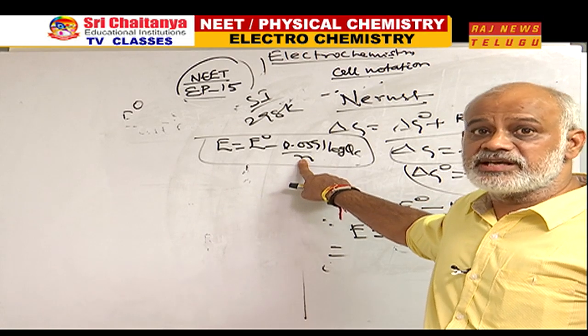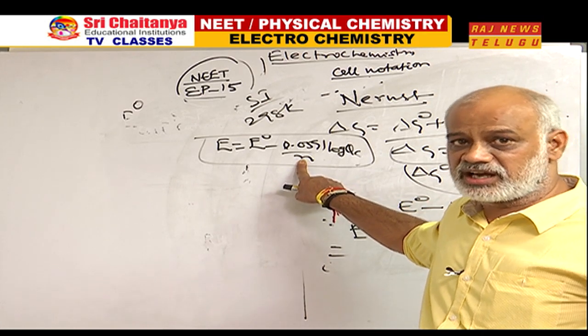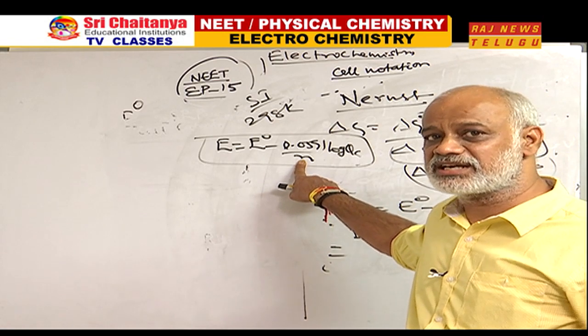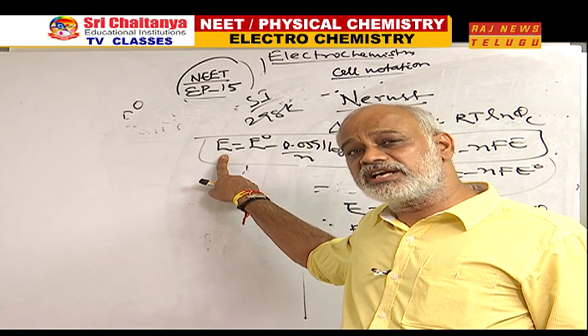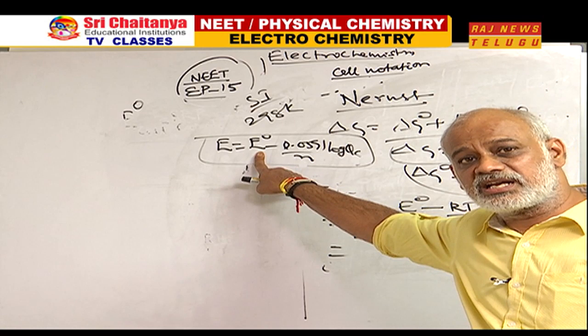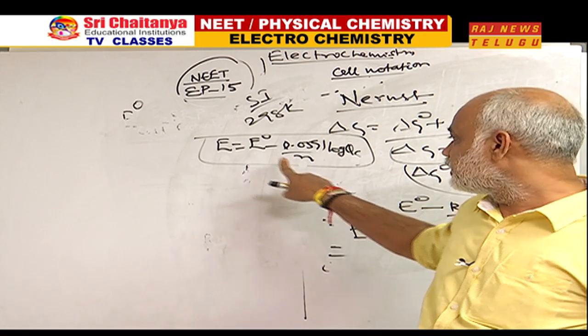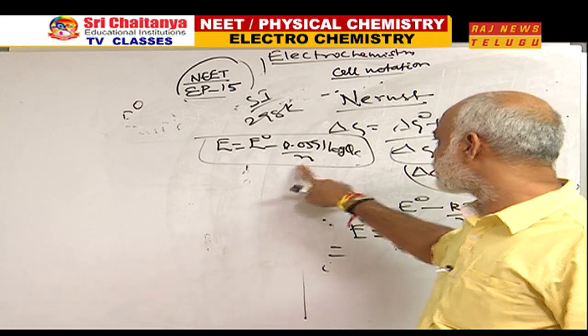What is N? Number of electrons participating in the reaction, whether half cell reaction or complete cell reaction. What is E? Electrode potential at any concentration. What is E naught? Standard electrode potential.